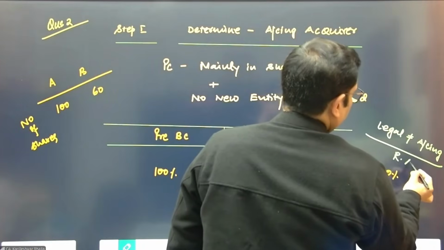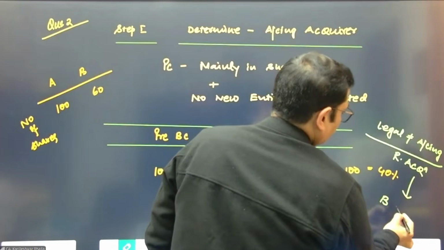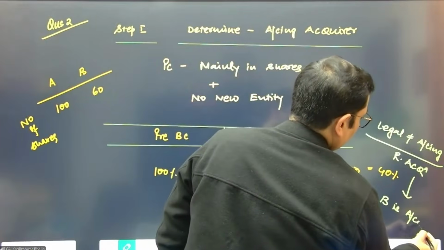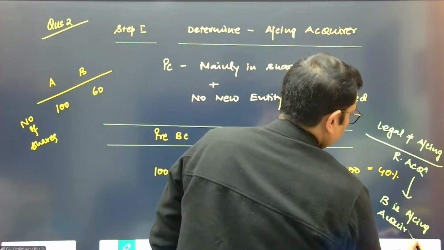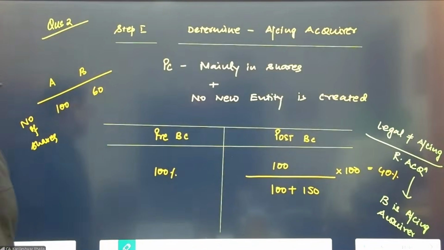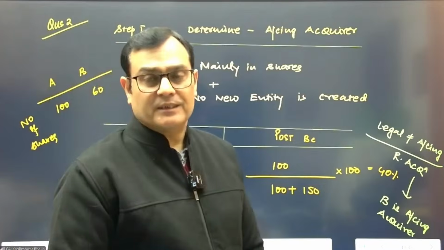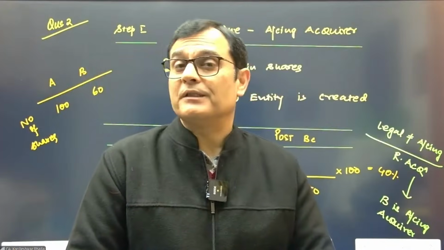It is undoubtedly a case of reverse acquisition. So we can say entity B is the accounting acquirer in this case, because the control has moved from entity A to entity B. Now, let me also tell you something important.